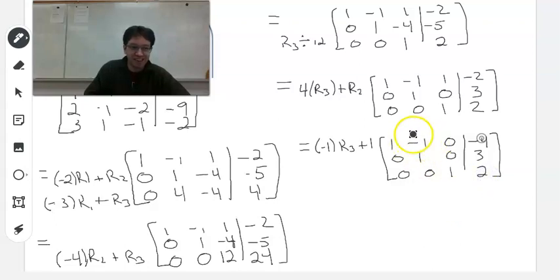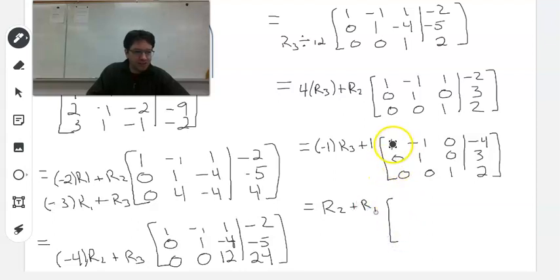Finally, we want that to be 0. So to make that 0, I can take row 2 and just add them. 1 plus negative 1 is 0. So I'm going to take row 2 and add row 1.